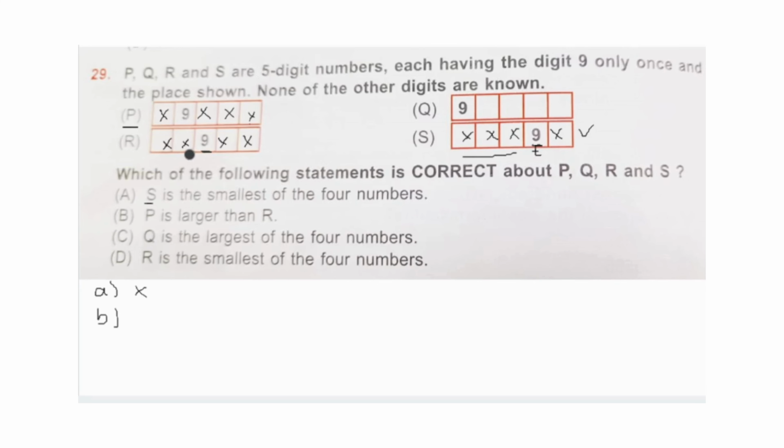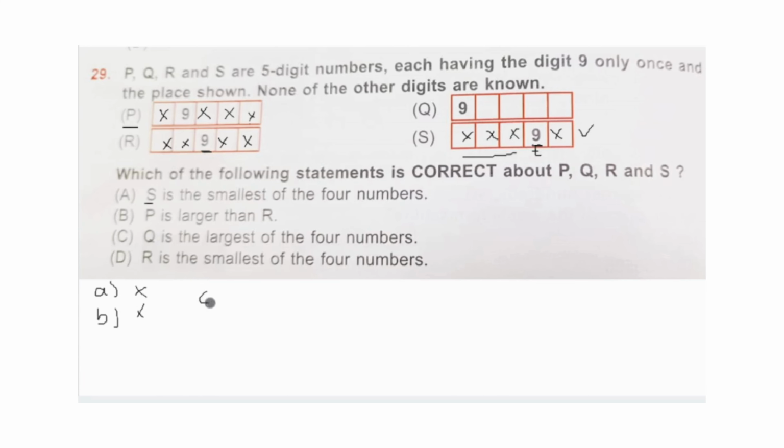But since we don't know the numbers, it's impossible for us to say if P is larger than R. A different digit could show up in the beginning 2 places of R that could make R bigger than P. So option B is also wrong.